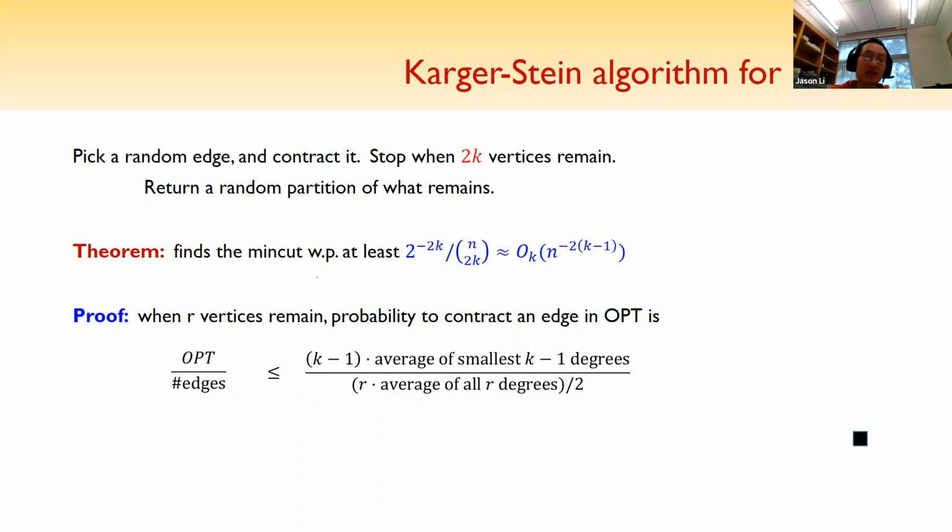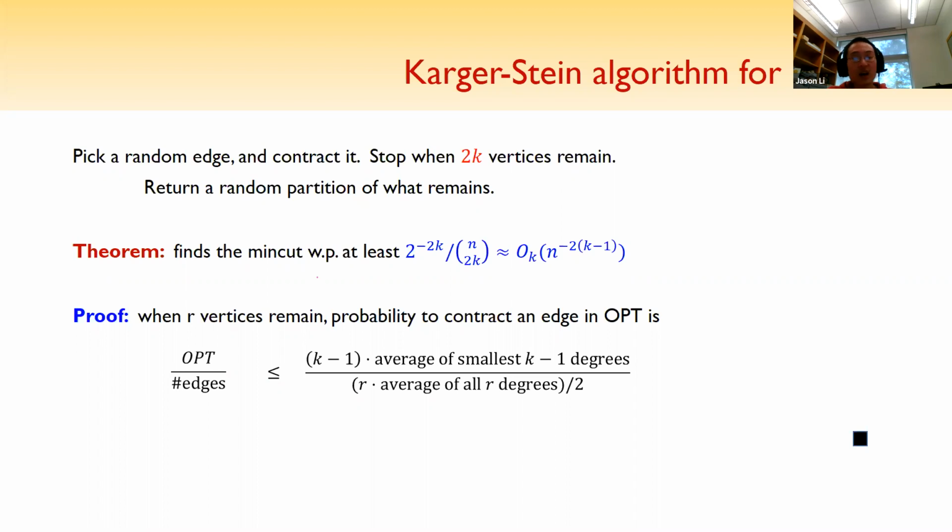That's just because if we cut off the k-1 vertices with smallest degree, then we get a k-cut. And opt can only be smaller than that. So in other words, opt is at most the sum of the k-1 smallest degrees, which is also k-1 times the average. And the number of edges, the denominator, is just the sum of all the degrees divided by 2, because every edge is counted twice.